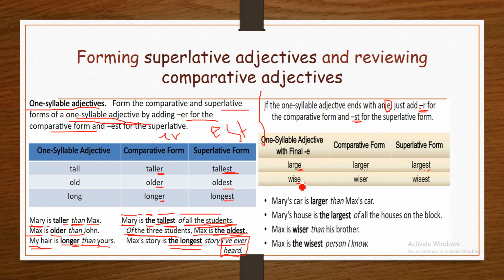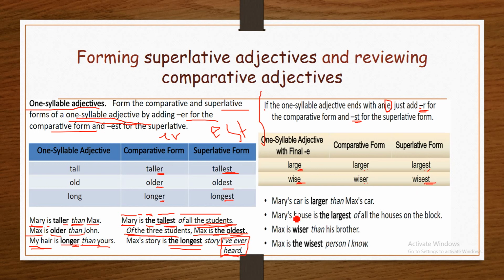Wise ends with E. For the comparative form, we just add R, since we have the E already: wise, wiser. For the superlative form, we just add st: wise, wiser, wisest.